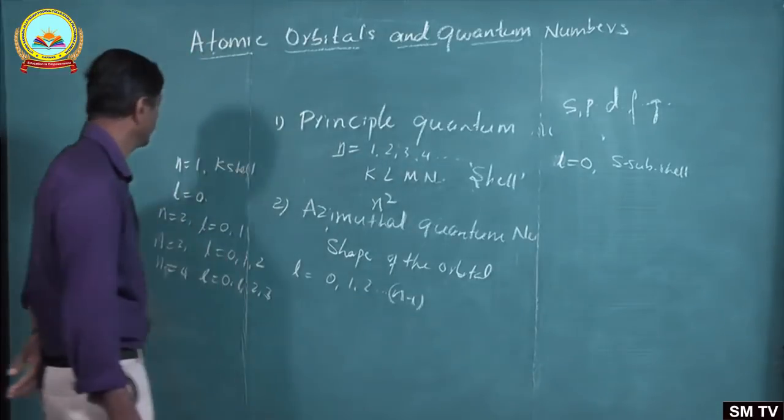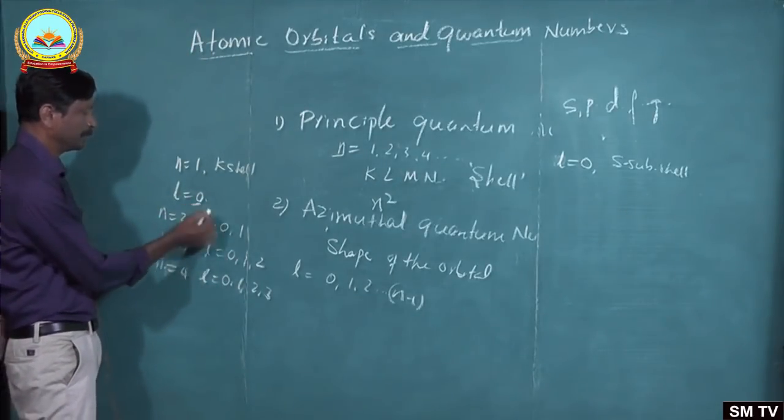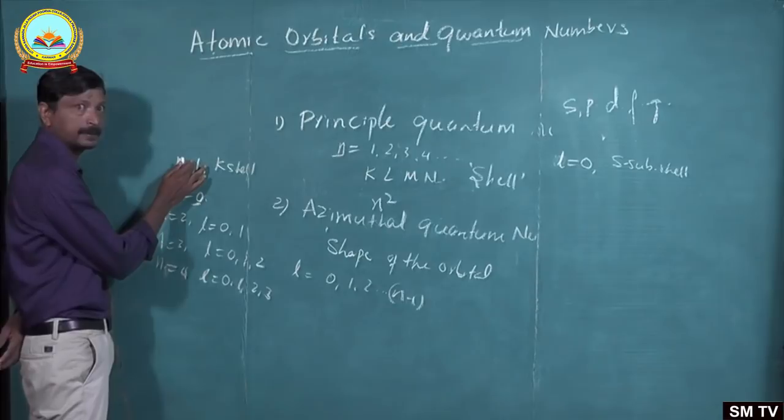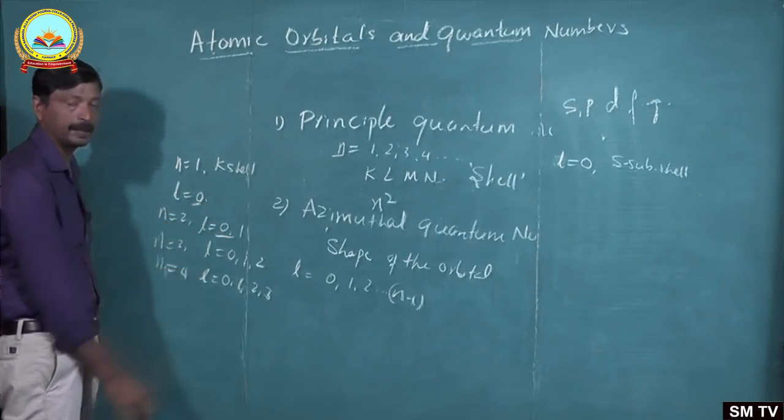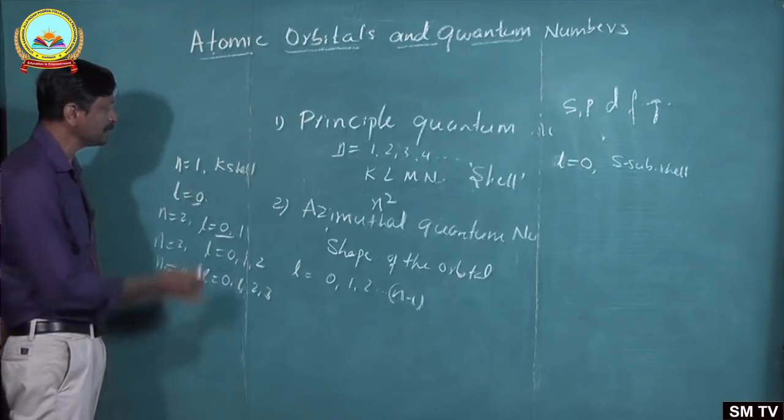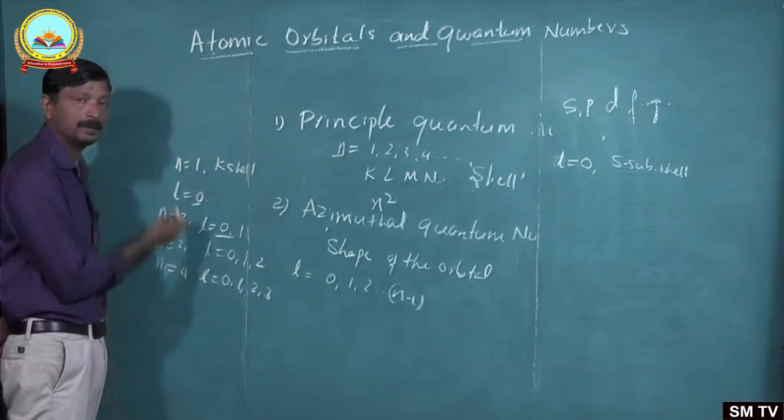Look, L is equal to 0 is present in the first shell, and also in the second, third, fourth shells. That means this S subshell is present in all the main shells.